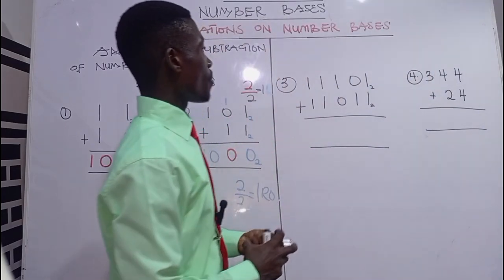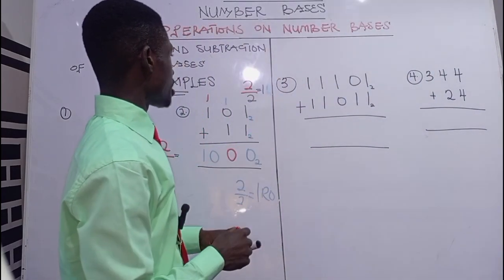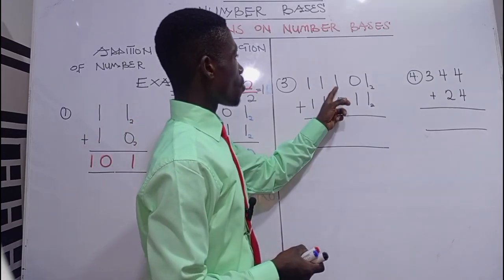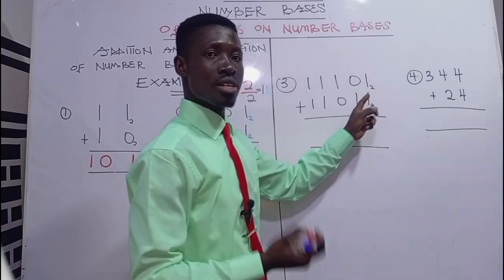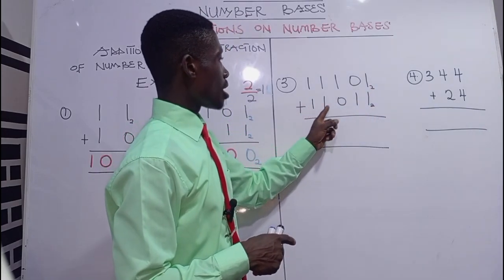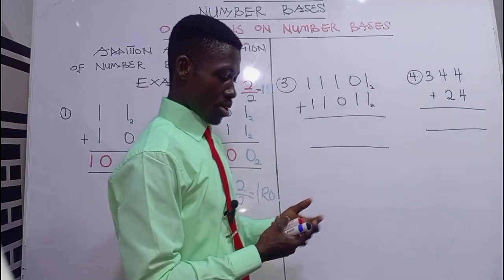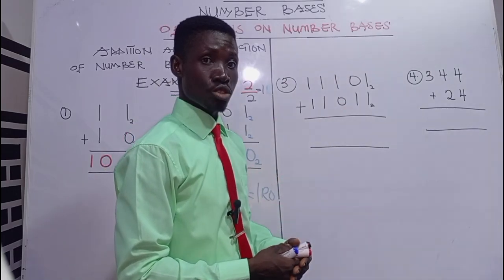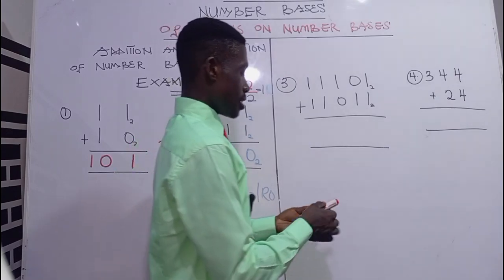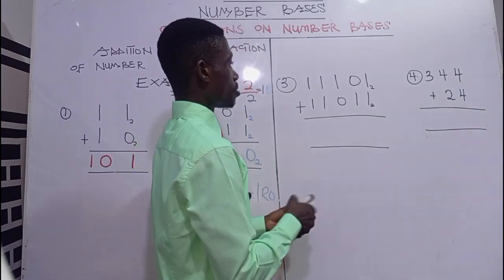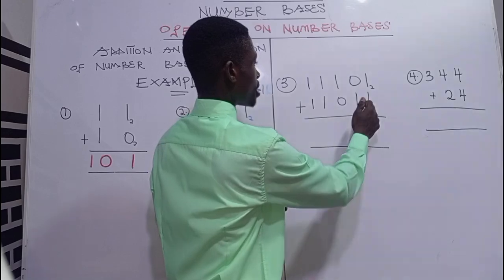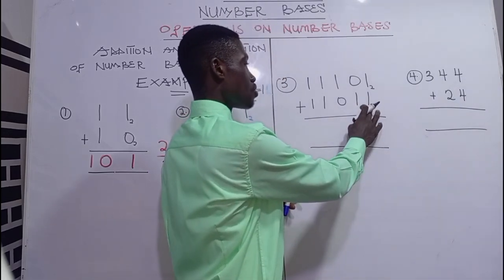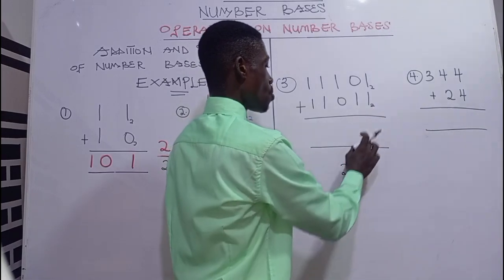So we have our example 3. We have 11101 base 2 plus 11011 base 2. We are to add these two numbers in base 2 together. So let's see that one also. We have 1 plus 1 will give us 2. But since we are working in base 2, we can't write 2 here.